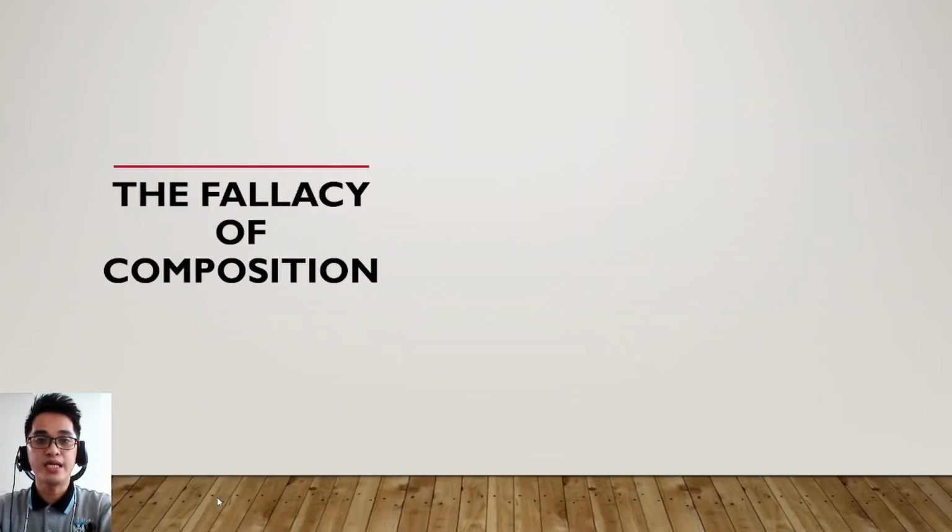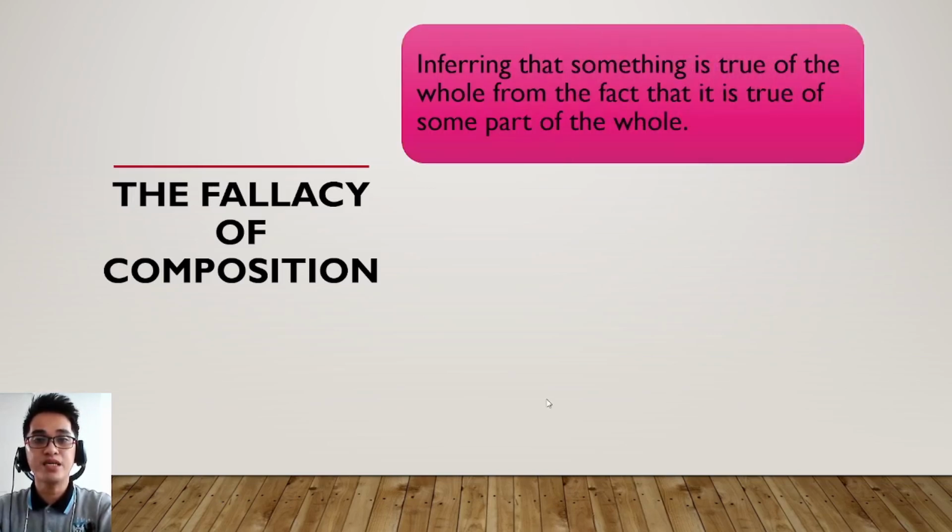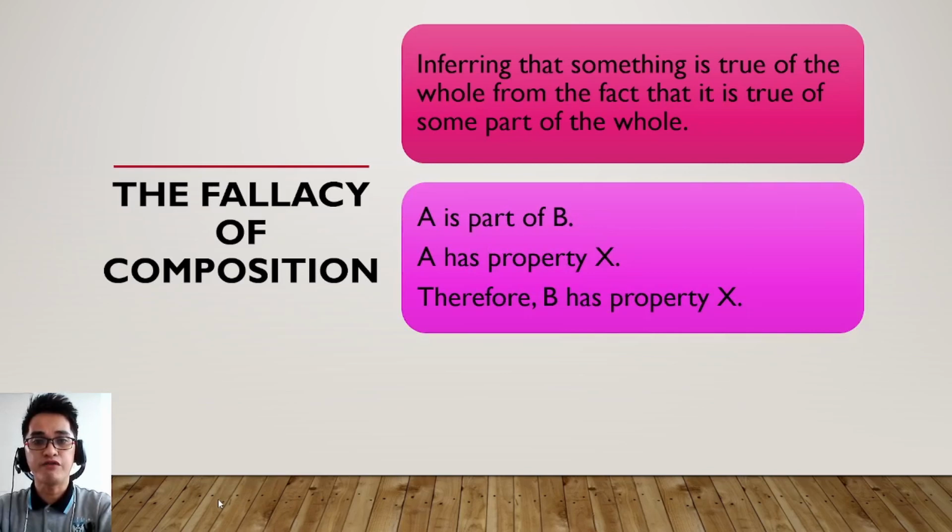Now, another pitfall is the fallacy of composition. This fallacy infers that something is true of the whole from the fact that it is true of some part of the whole. Or let's say, if A is part of B and A has property X, therefore B has property X. Again, this argues that because something is true of parts of the group, it is true of the group as a whole.